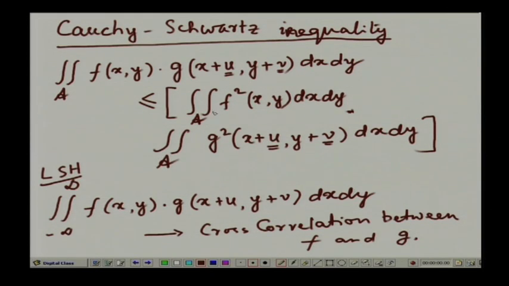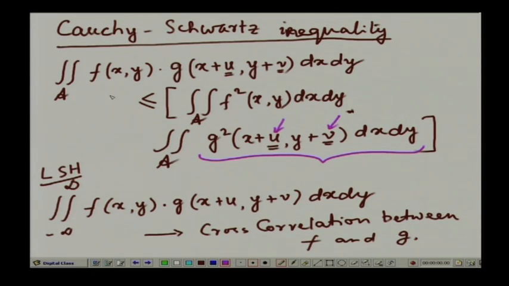And if you look at the right hand side, this f square (x,y) dx dy integral over A is a constant for a given template, whereas g square (x+u, y+v) dx dy is not a constant, because its value depends upon the shift u and v.